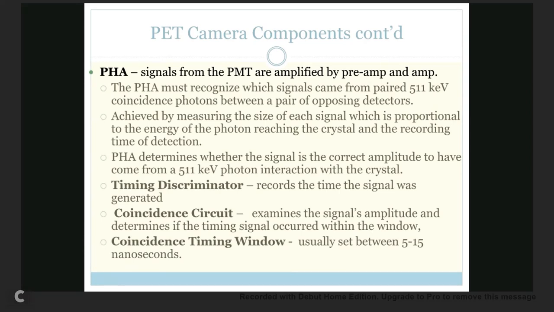From there, you're going to go into your time discriminator and your coincidence timing window. Okay? Does that make sense so far? It's the same concept. The only difference is that with this one you're now adding time. Okay?